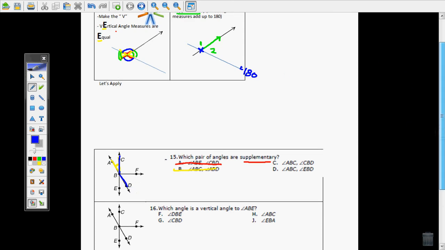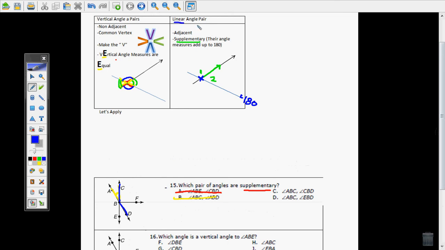That looks a lot like a linear angle pair. And we know that linear angle pairs are supplementary. So ladies and gentlemen, we have our answer. ABC and CBD, they are supplementary. But of course we need to go ahead and check that other one too, just so we can say that we did.